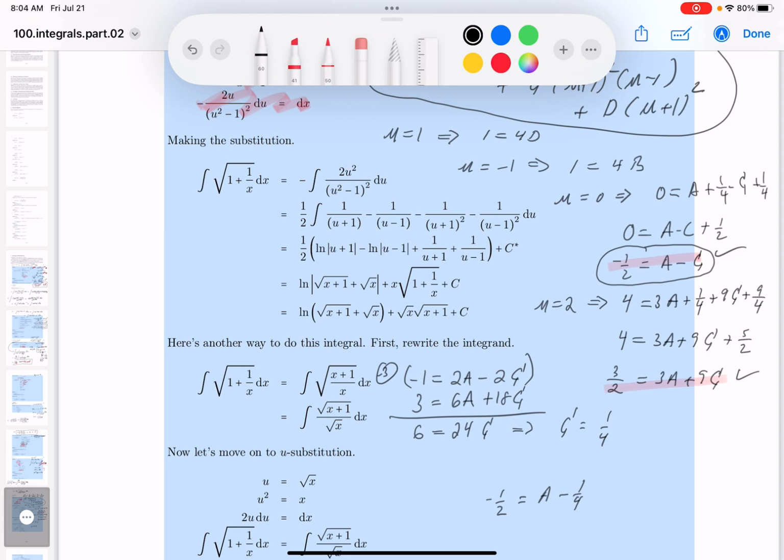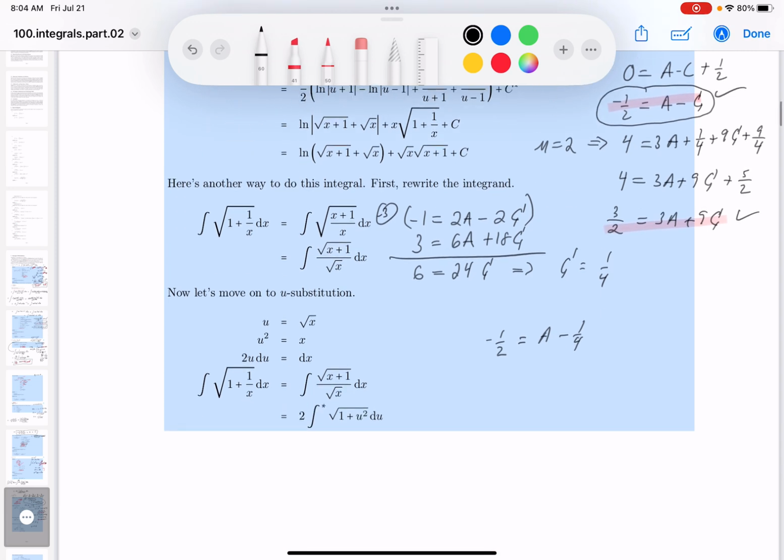All right? So let's see if we can do that. And let's see what you get there. This is minus 2 quarters plus 1 quarter is equal to A. So A is going to be equal to minus 1 quarter.